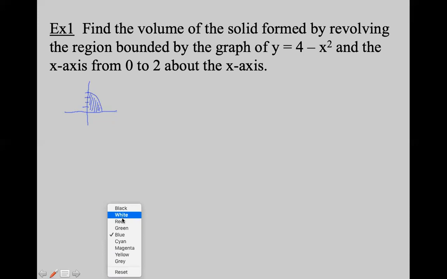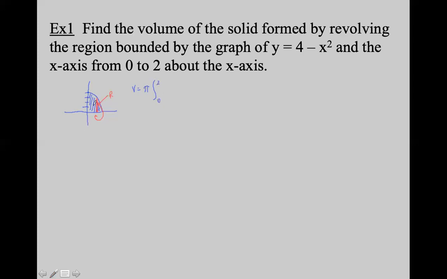I'm going to grab a different color here. This is my representative rectangle, the height of this curve. That's my big R. That's how tall it is. I am rotating R around the x-axis. So we're going to have an integral, but first let's write down our pi and its volume. So we have pi times the integral from 0 to 2.